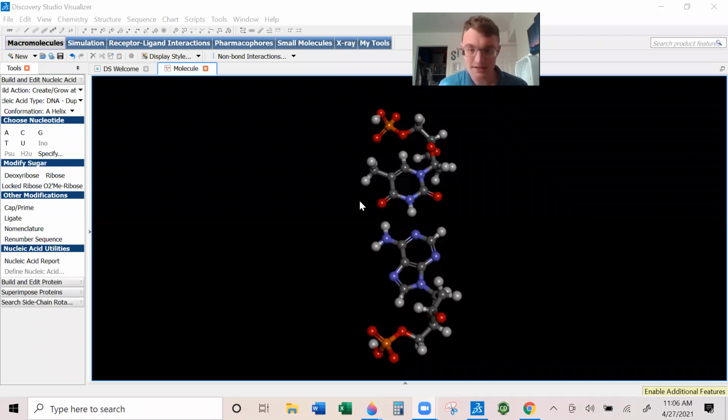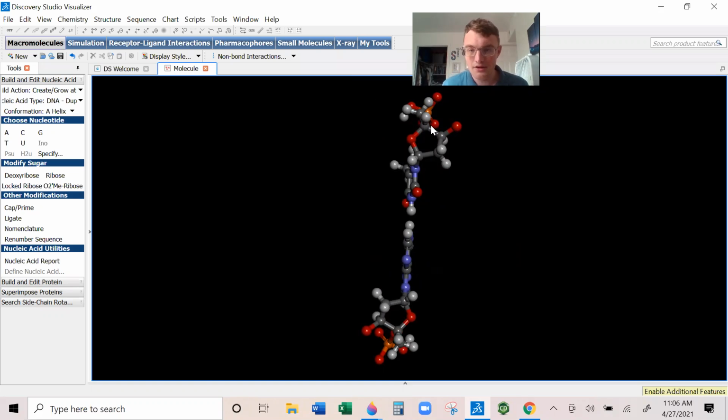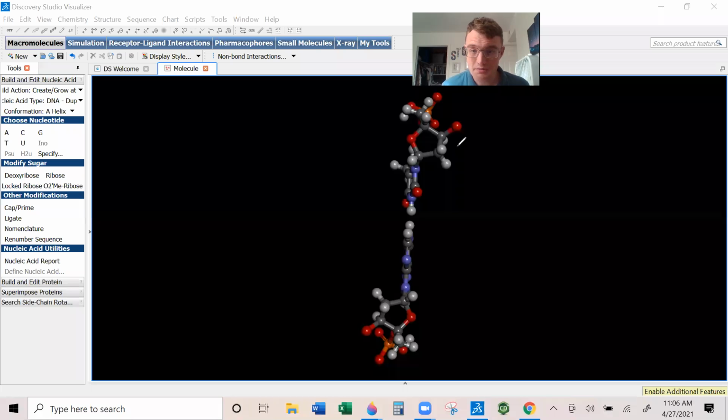If I flip this on its side, so we can look at the sugars. Remember, the sugars were these little pentagons here. Notice this sugar, this pentagon here. If you use the little point here as an arrow, you'll notice that this pentagon's pointing that way. You see that? Like if you pretend it's an arrow, it's pointing that way.